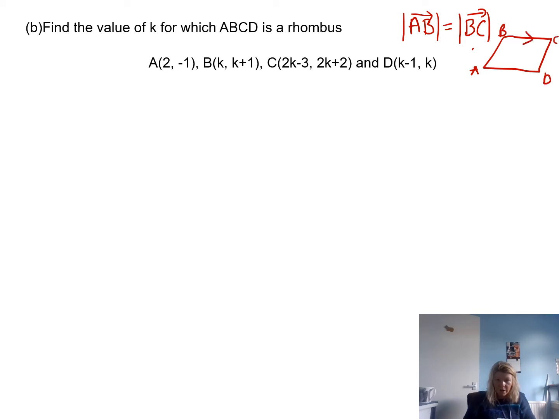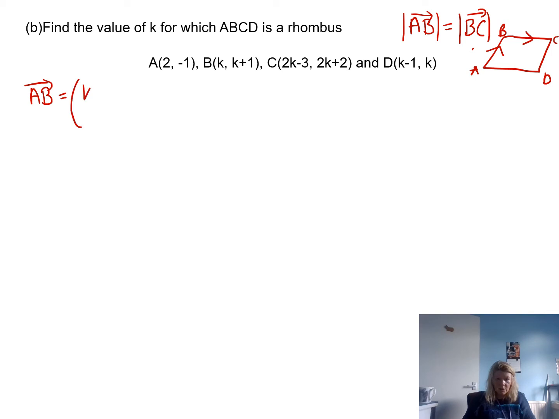So we're trying to show that length is the same as that length, and then it's a rhombus. We've got to also show that they were parallel, but we've done that in the previous bit. So A to B, we've worked that one out, haven't we? A to B, got that somewhere.